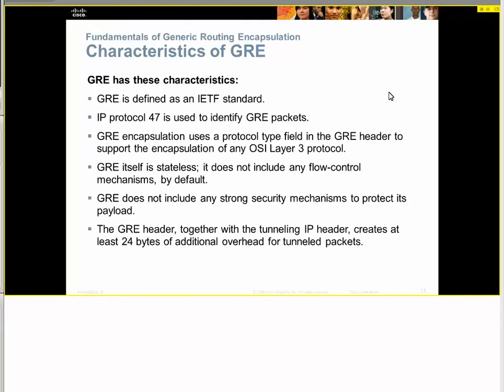It just simply sends the packets. GRE does not have any security mechanisms. And of course, naturally, since we are adding a new layer of encapsulation, even though it's still at layer 3, we're adding another layer of encapsulation, which is 24 additional bytes. Therefore, it does require additional processing, and therefore it does have a slower throughput through our network.